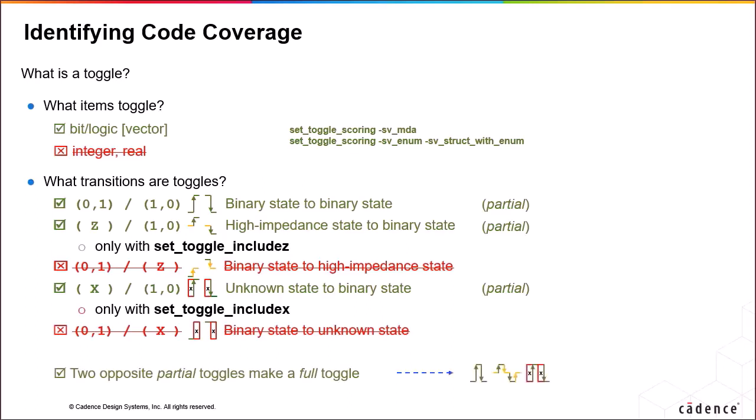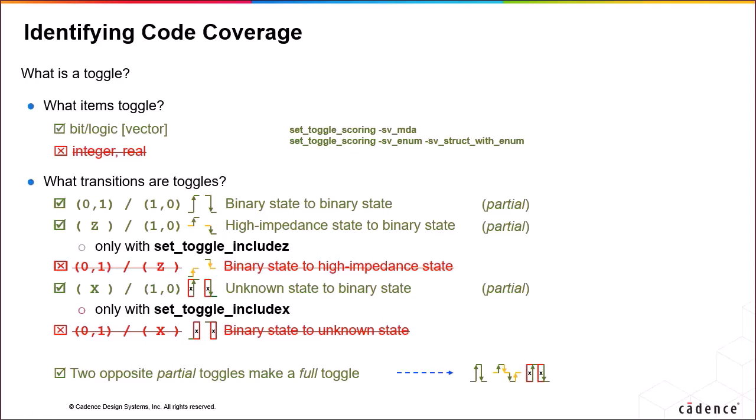Remember that each direction is a partial toggle. Two opposite direction partial toggles are a full toggle. This applies to transitions that originate in binary states and also transitions that originate in the high impedance or unknown states. Toggle coverage is useful to detect interconnect problems.